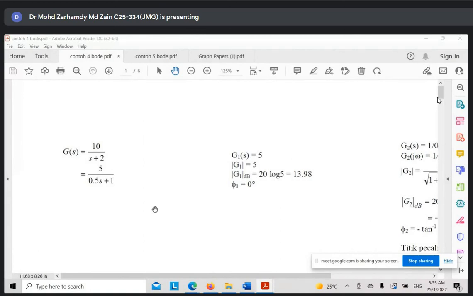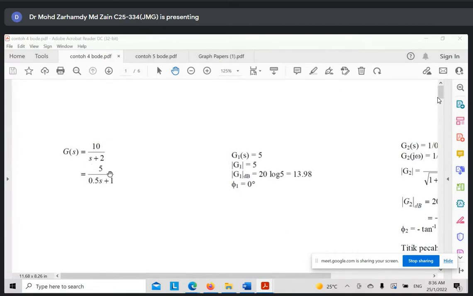Okay, now this is our system. So kalau ada apa-apa soalan, tanya tahu. So now they present G(S) equal to 10 over S plus 2. So from here, we come up with a first order system. For a first order system, we need to divide by 2 because we need to have 1 plus TS. So from here, 5 over 0.5 S plus 1.